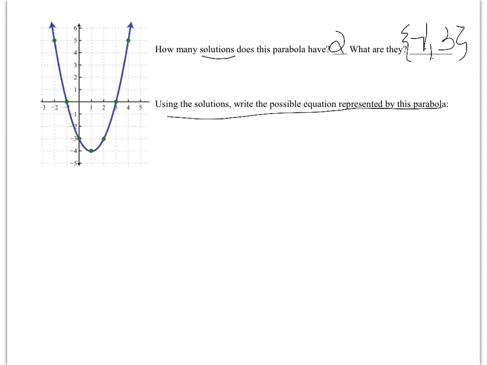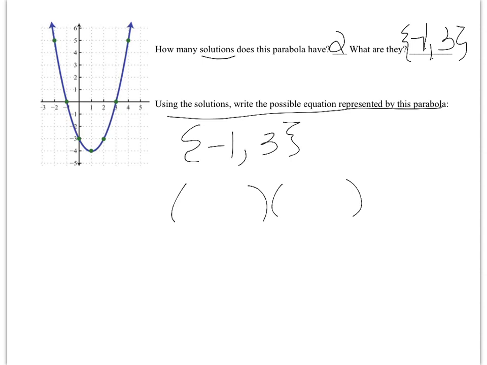So I want you to think back to when we were factoring. Remember when we were factoring, if I ended up with -1 and +3 as a solution, I had 2 factors, right? I had 2 factors where I resulted in getting -1 as an answer, and I resulted in getting +3 as an answer.